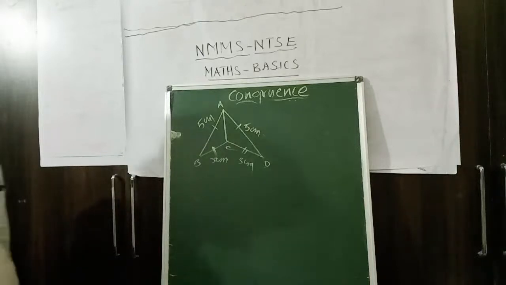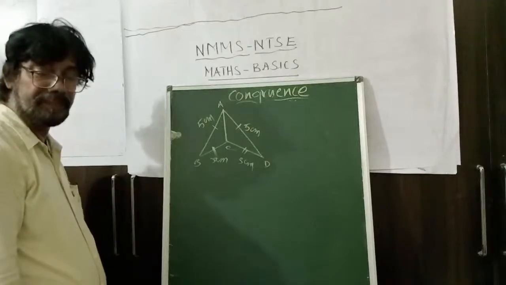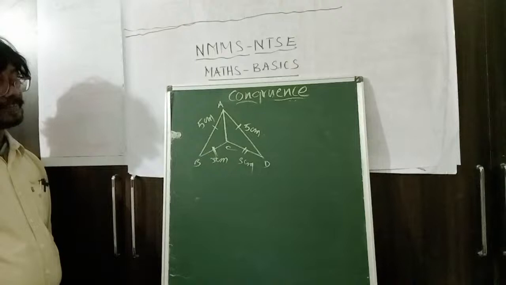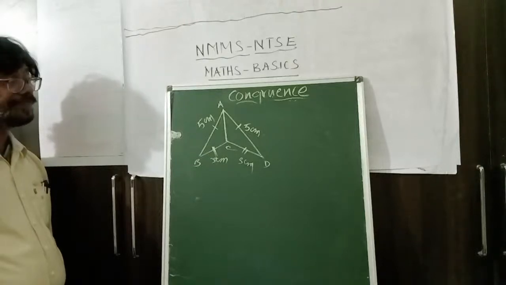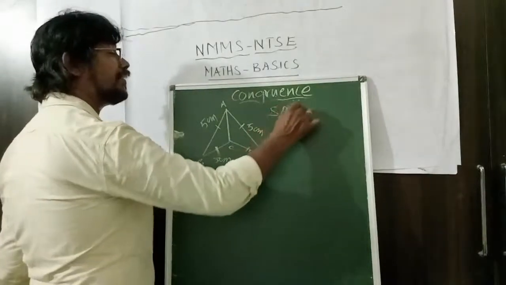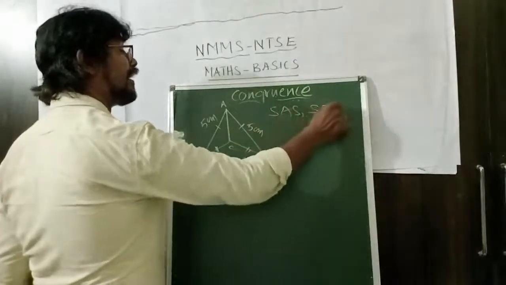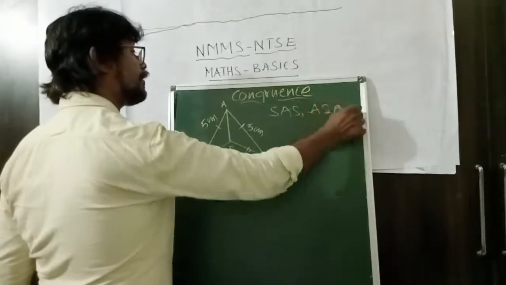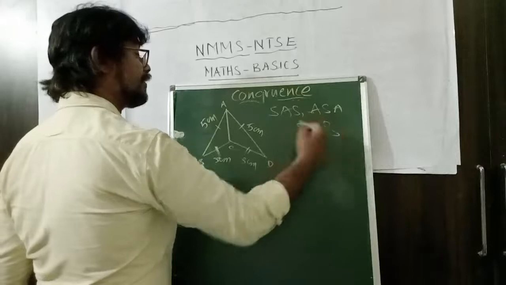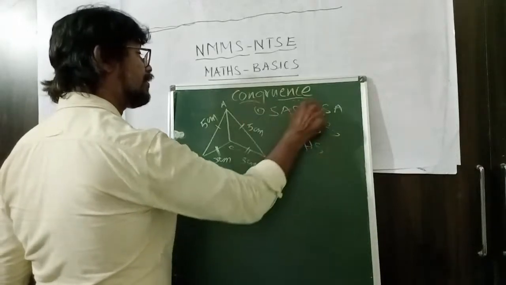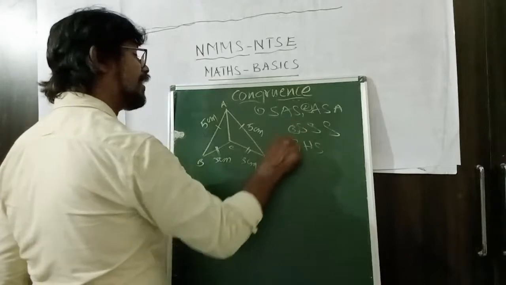What condition is there? Observe this triangle. How many triangles are there and what is the principle? SAS, SSA, sorry, ASA, SSS, RHS. So 1, 2, 3 and 4.